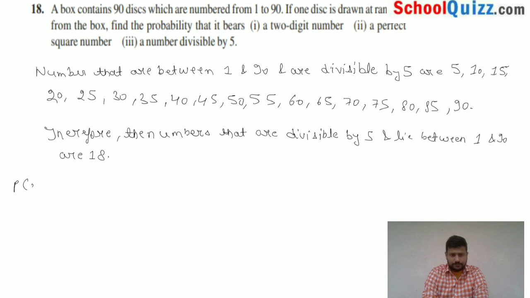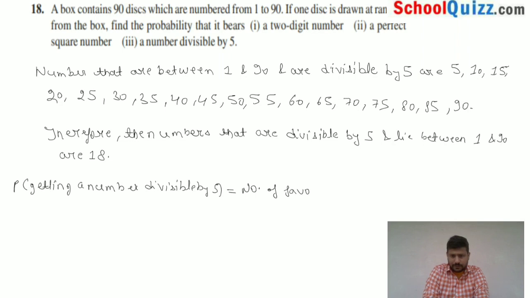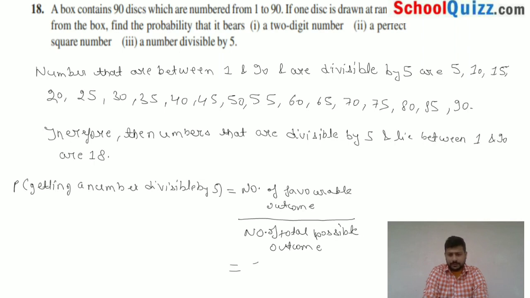So the probability of getting a number divisible by 5 is equal to number of favorable outcomes divided by number of total possible outcomes. The number of favorable outcomes here is 18 and the number of total possible outcomes is 90.